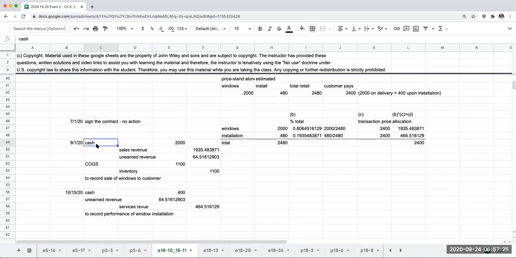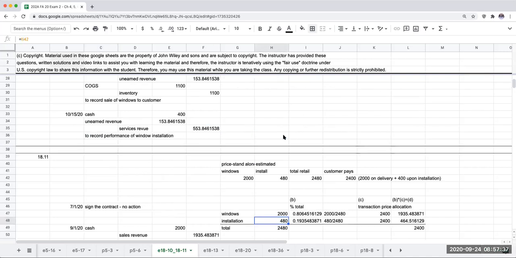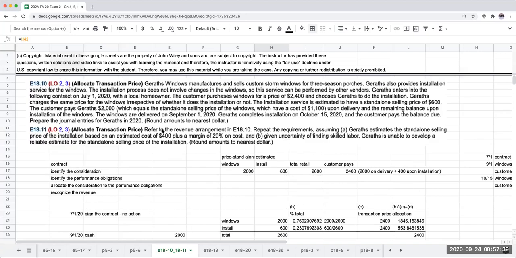On September 1st, I'm receiving cash, okay? So I'm receiving cash here for $2,000, and now I'm basically saying, okay, my allocation has changed because my installation price is 400 plus a margin of 20% on cost. So what that means is that the total selling price of this is going to be 400 times 20%, which is 80 bucks.